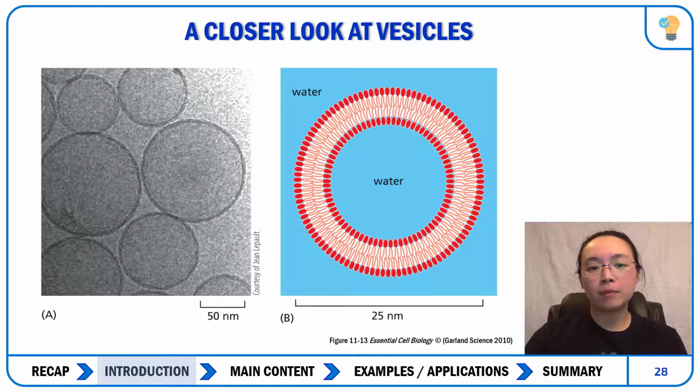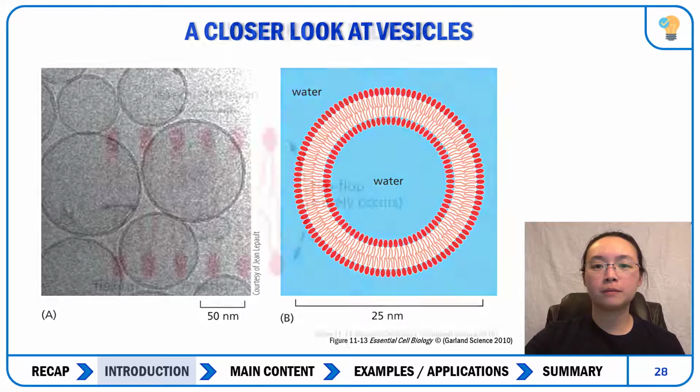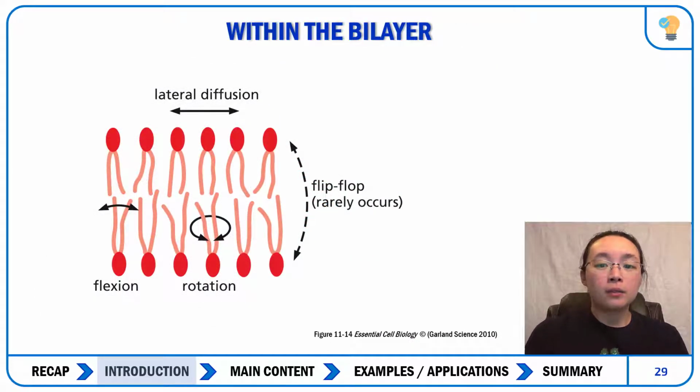Now, I kind of want to take a quick snippet of this and zoom in so that we can focus on just the bilayer itself. So we've talked about what happens to the bilayer as a whole, but what can happen on the molecular scale? So my question is, what can individual lipids do when they're within the bilayer?